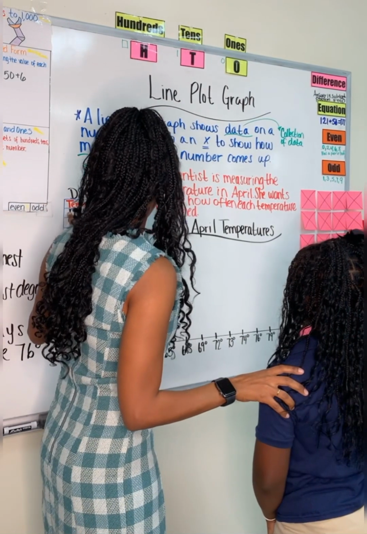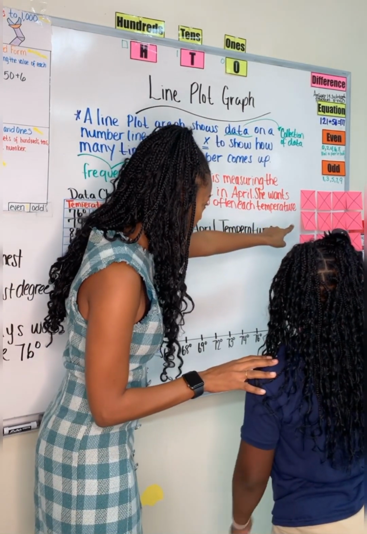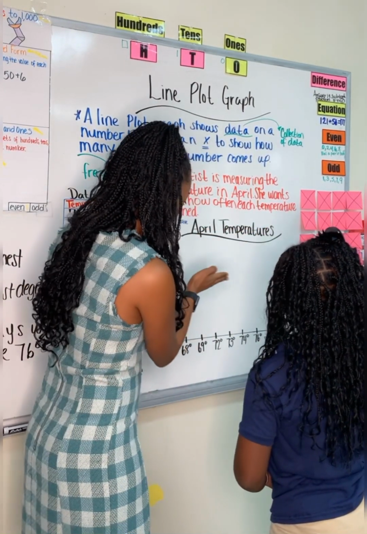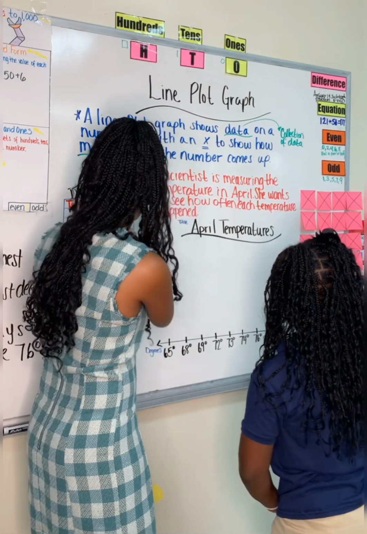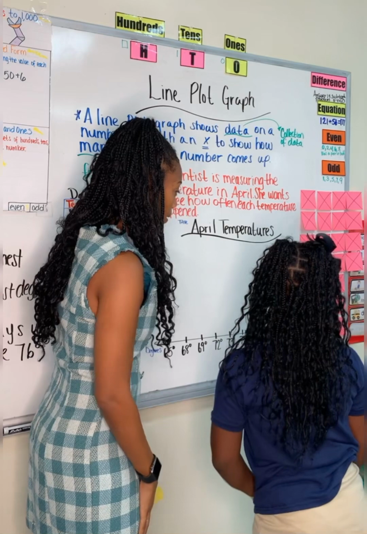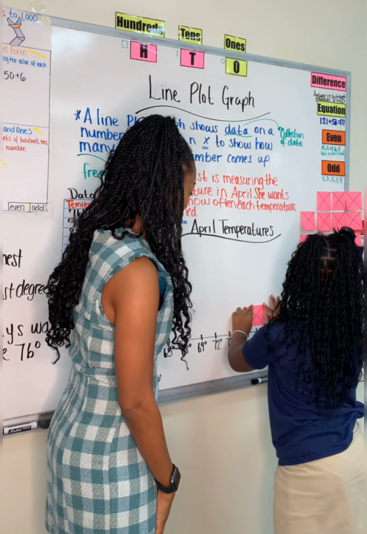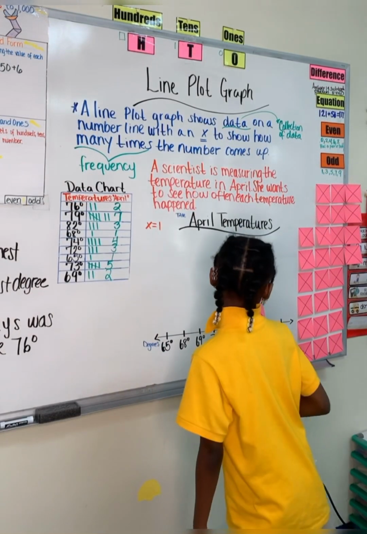The number is going to be 76 degrees, okay? You're going to take these X's from here and you're going to place it on here with the amount that you see for 76 degrees on the line plot graph. Go ahead. Number line.